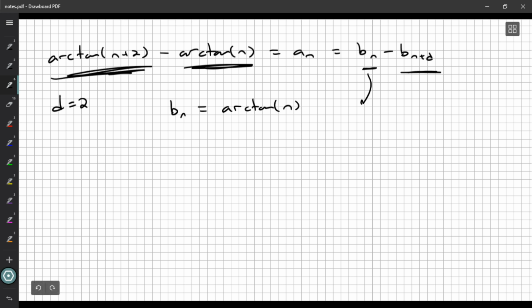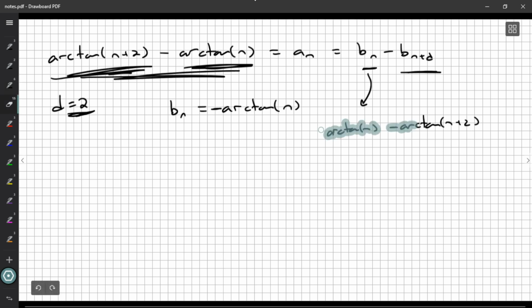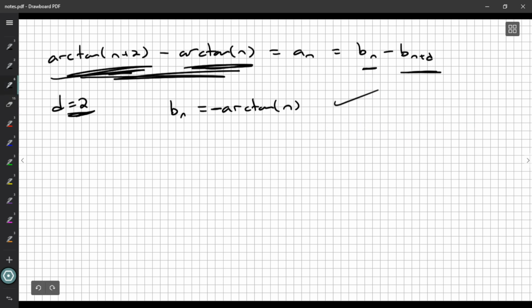But if that were the case, a_n would be arctan n minus arctan(n + 2), and that's not what we've got, so we're off. b_n should be minus arctan n. But if we do that, then yes, this is telescoping.